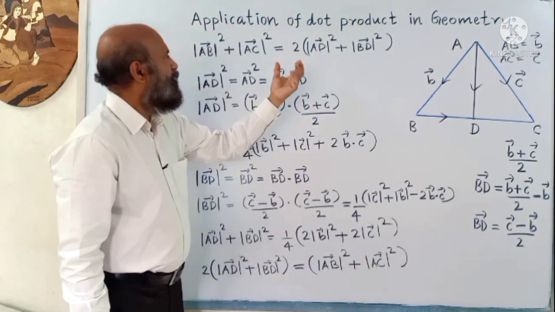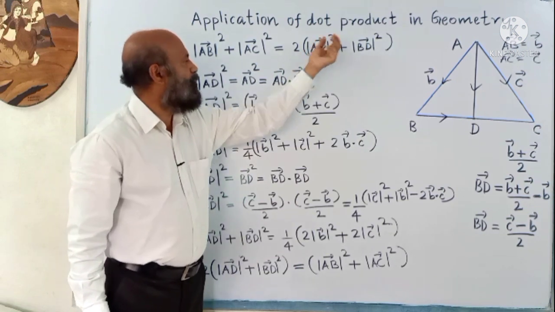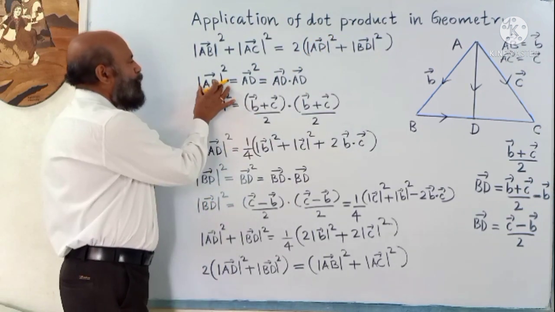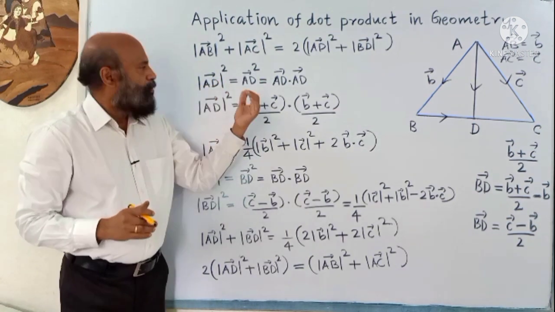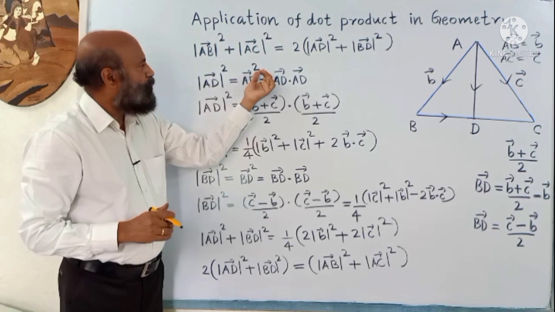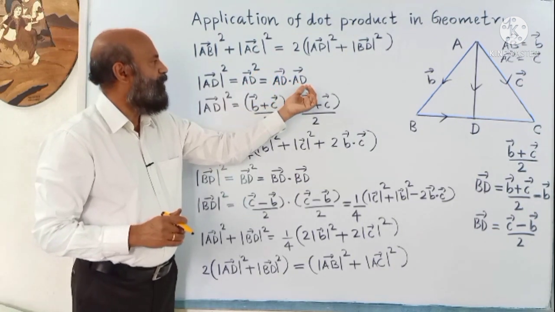Now first let us get modulus of AD vector square. Modulus of AD vector square is same as AD vector square. And you know AD vector square is AD vector dot AD vector.